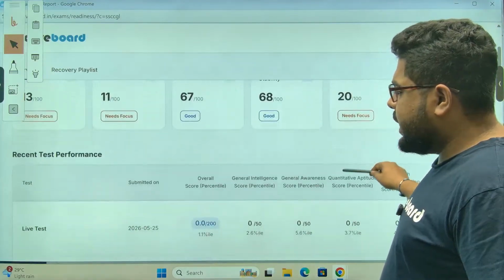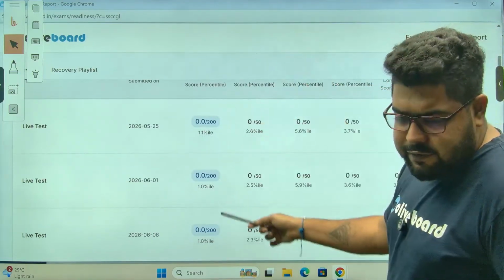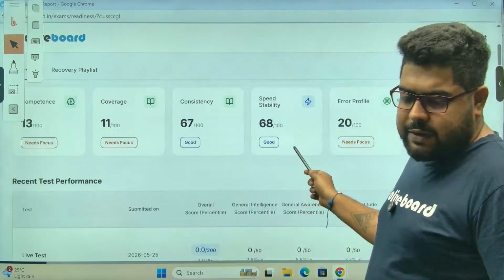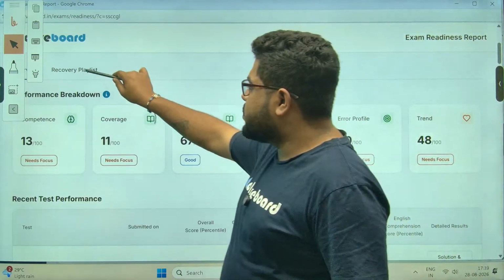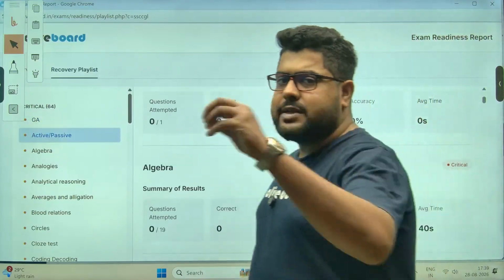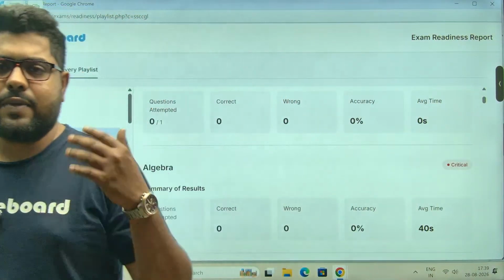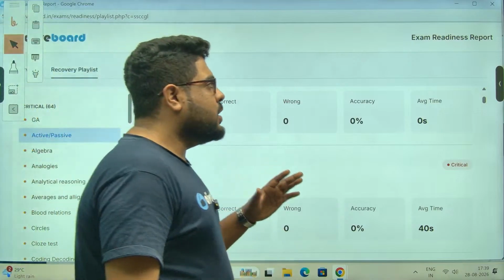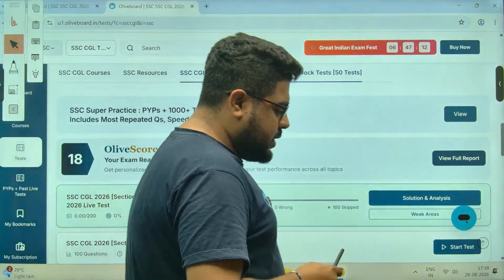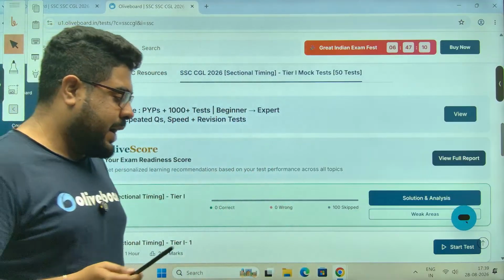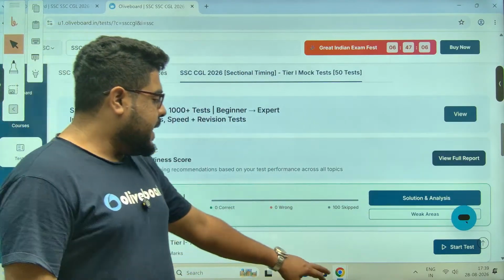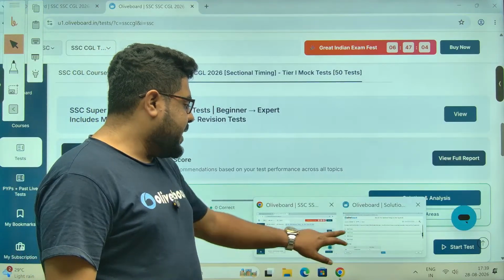You can check the recent tests you have taken, and it will compile all that data to give you this score. You can also go through the recovery playlist to understand the topic-wise weightage, where you are strong and where you are not that strong. It will analyze everything. Also, if you want to practice, brother, you can go for SSC Super Practice, which will also be available on our platform.